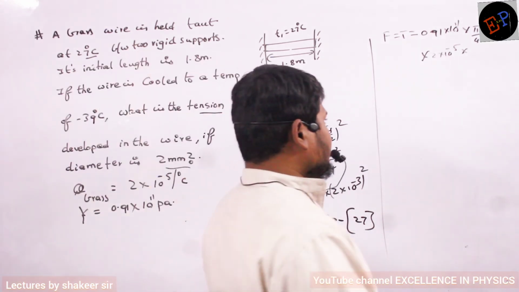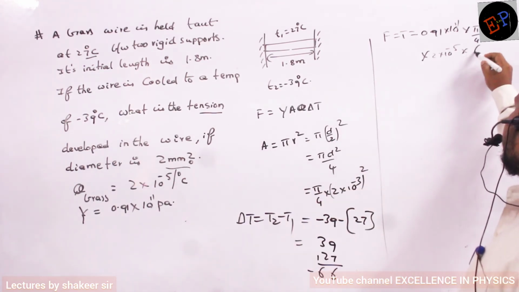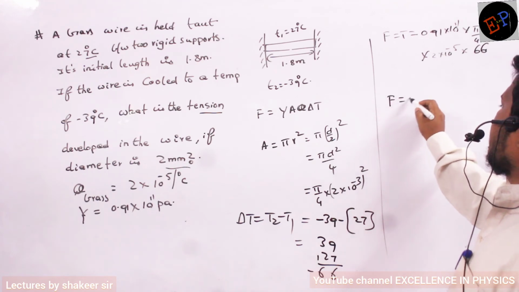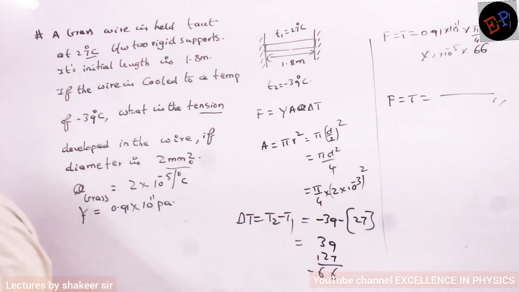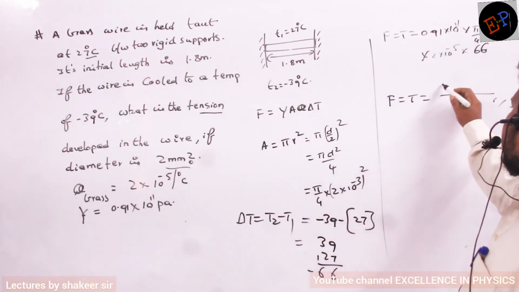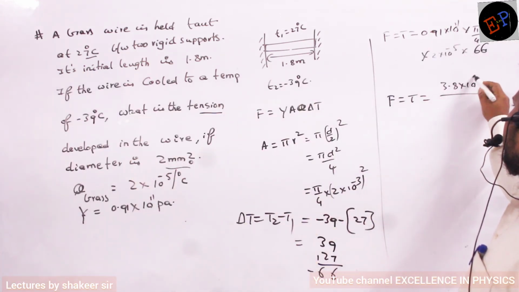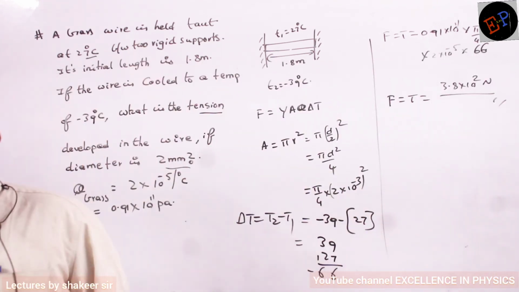It means the change in temperature is 66 degrees Celsius, multiplied by 66. So do this total calculation, then you will get the tension which is developed inside the wire. Understood, no? And the answer which you should get is 3.8 into 10 power 2 Newton. That is the tension developed in the wire, in this rod.